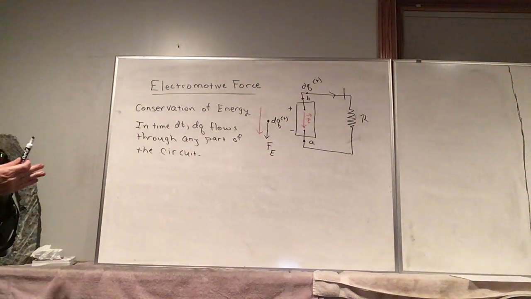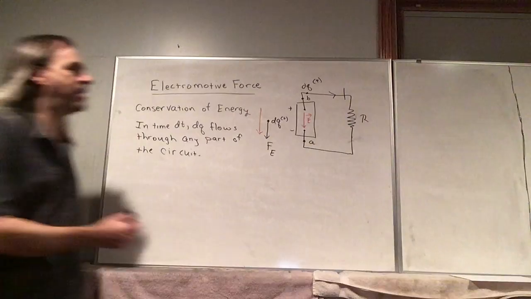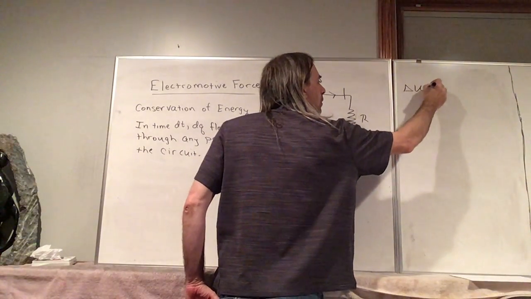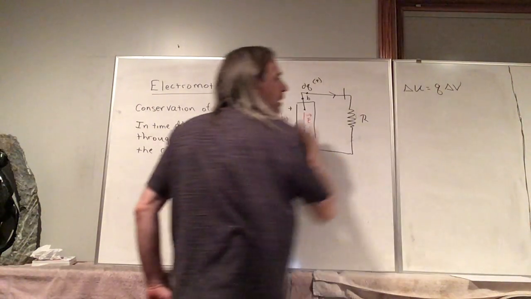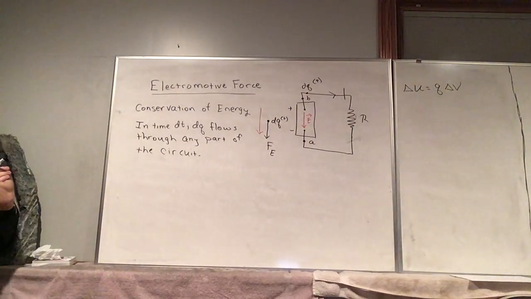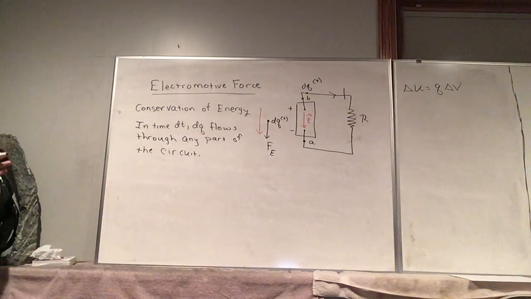Now, going through the battery, we write down a few equations here. So remember that change in potential energy is equal to the charge times the change in potential. So the battery has a certain charge, a certain potential difference between the terminals.